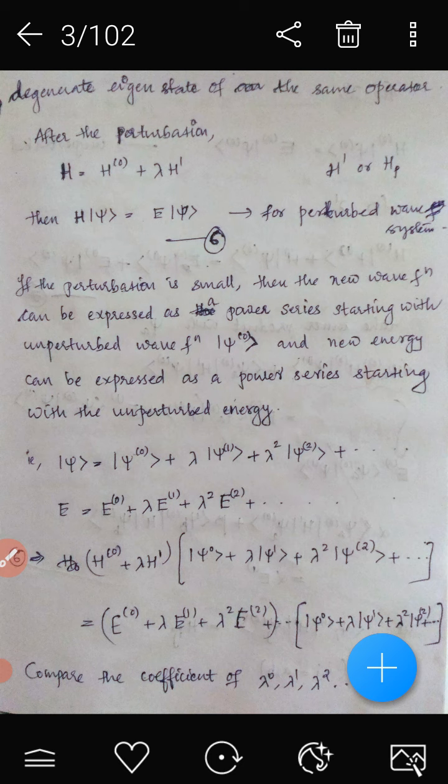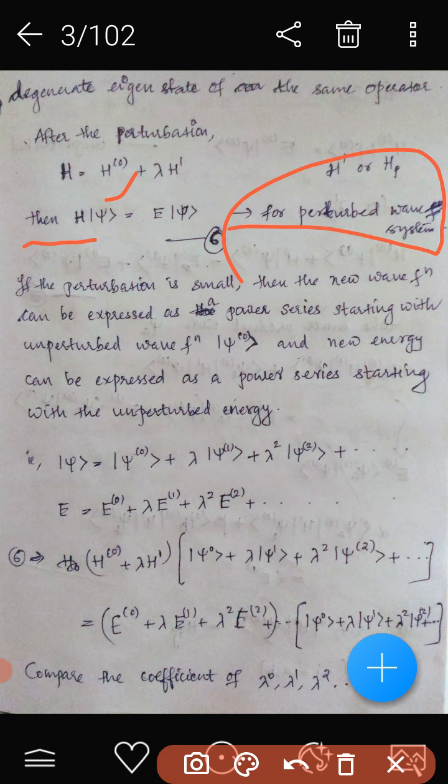Now, if the perturbation is small, then the new wave function can be expressed as a power series starting with the unperturbed wave function psi 0, and the new energy can be expressed as a power series starting with the unperturbed energy. We use the same method that we used in the case of non-degenerate perturbation theory.